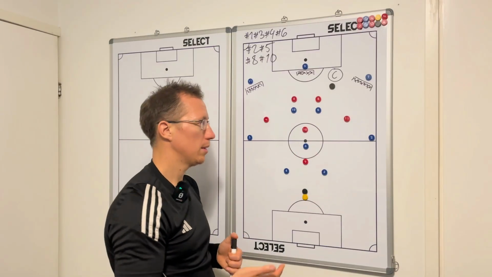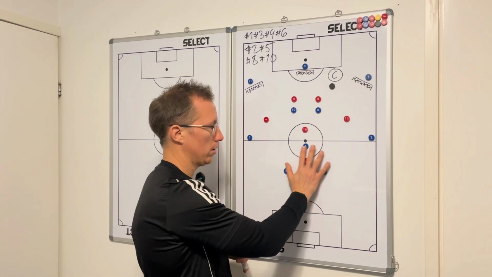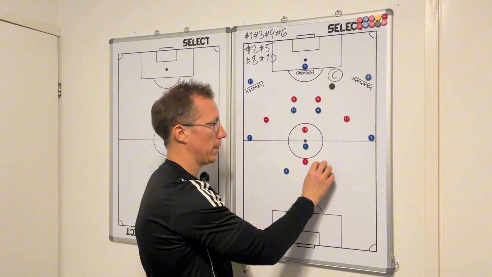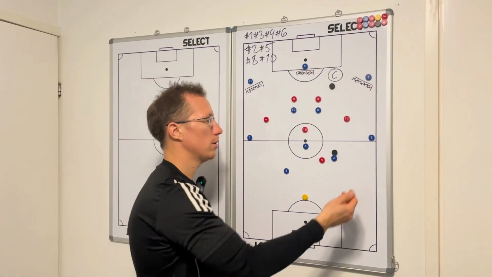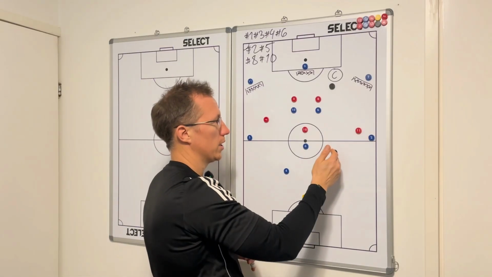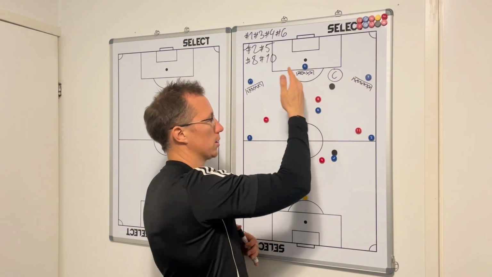What will most likely happen is that your center back is pushing up, maybe number 9 is putting some pressure, and sometimes your center back might be able to pass to one of the goals.